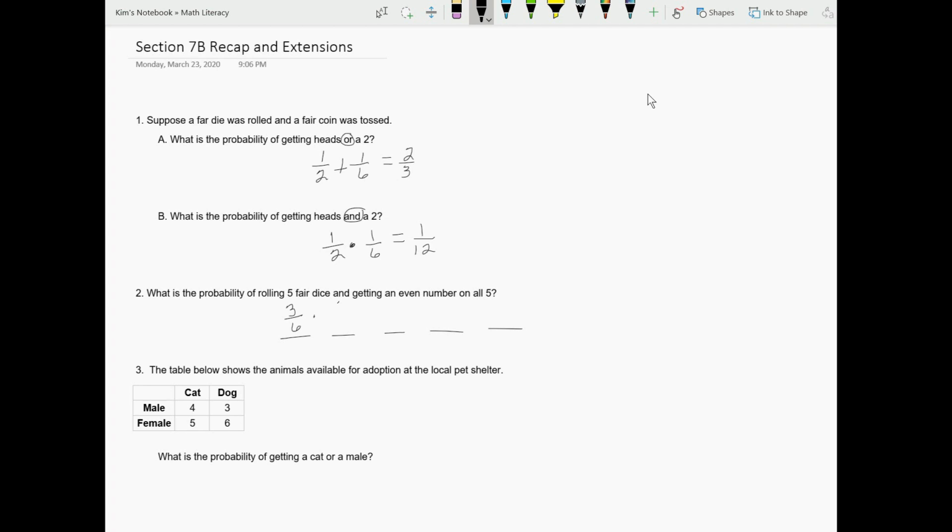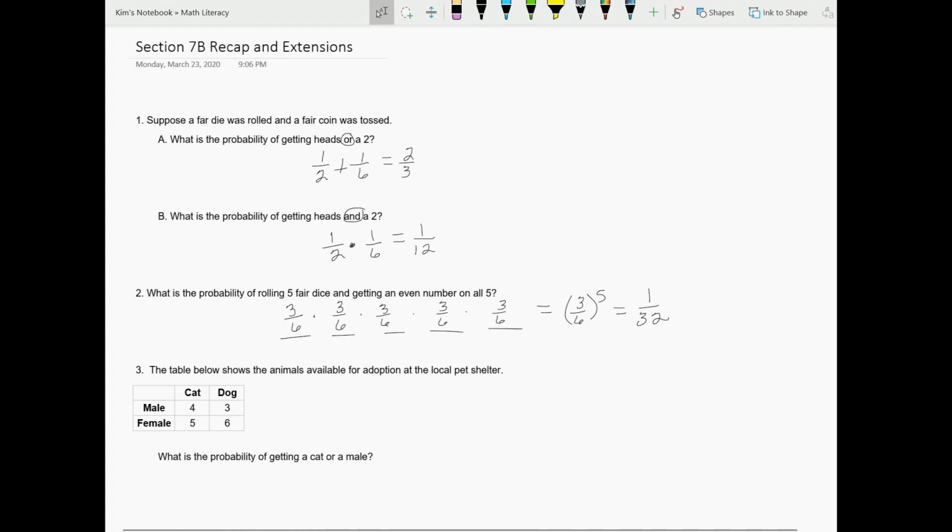If you know that's 1/2, you could write it as 1/2. And my second roll is 3/6. For the third roll, the fourth roll, and the fifth roll, each of them has a probability of 3/6. And this would be 3/6 to the 5th power. And again, if you know that's 1/2, you can use that number in there as well. That's going to give you 1 out of 32.